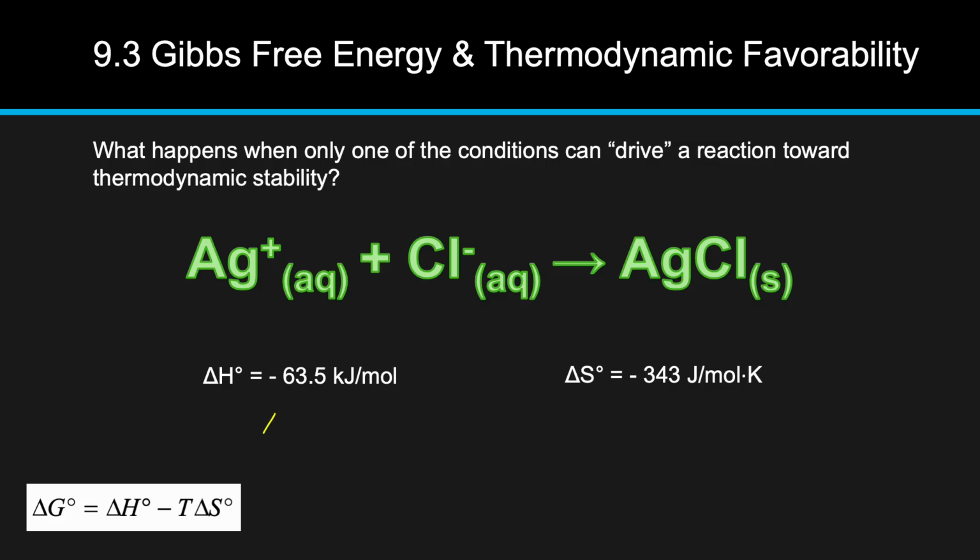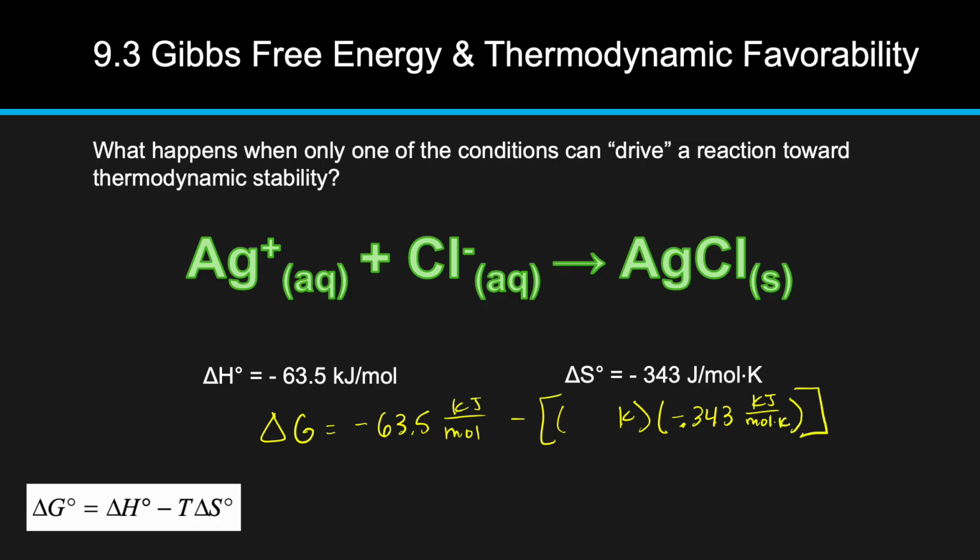So we have delta G, that's going to equal delta H, which is negative 63.5 kilojoules per mole, minus T delta S, so T is going to be in Kelvin. Delta S is negative 343, which we need to convert to kilojoules, so it's going to be negative 0.343 kilojoules per mole times Kelvin.